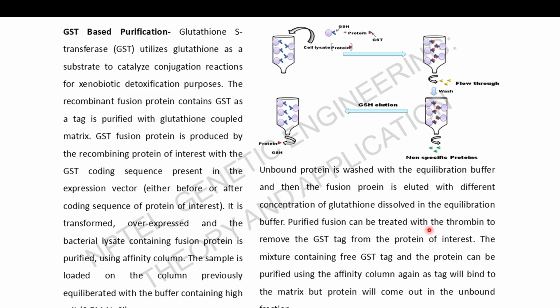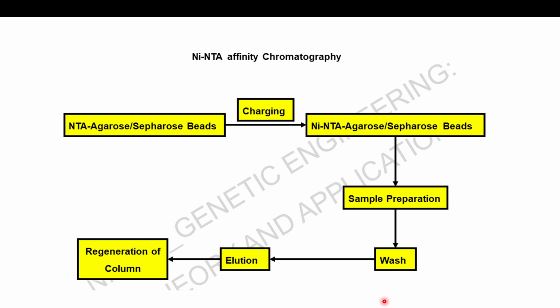Now, purified fusion protein can be treated with thrombin to remove the GST tag from the protein of interest. The mixture containing free GST tag and the protein can be purified using the affinity column again, as the GST tag will bind to the matrix, but the protein will elute out in the unbound fraction.